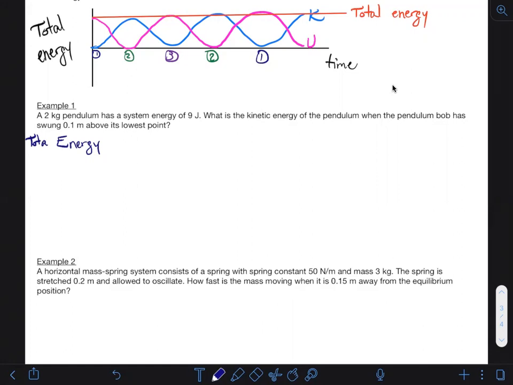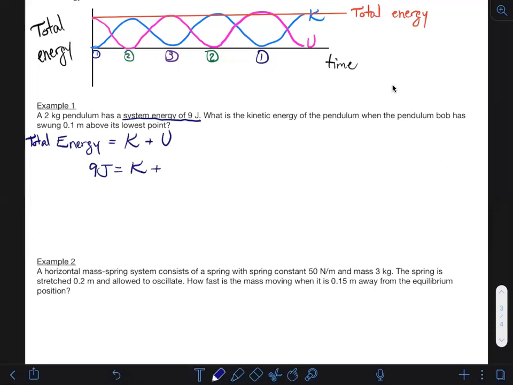Now, they do tell us that this pendulum has a system energy of 9 joules. So I do know what this total energy is going to be. It is going to be 9 joules. And we want to know what the kinetic energy is. This is great, right? I can just keep K as my unknown.